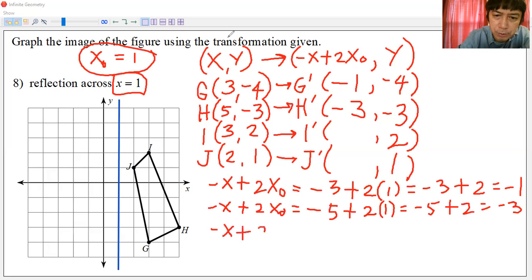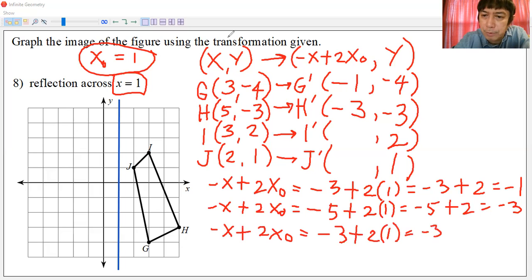Our x is 3, so this is -3 plus 2 times 1. It's another -1 again. Oh, yes, it's the same as point G.